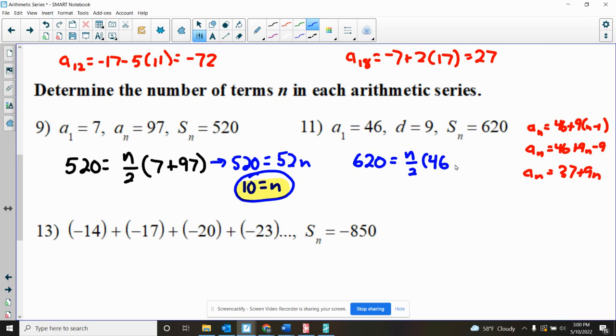So come over here now, plus 37 plus 9n. So this is going to get a little bit interesting. Let's see what we have. So the 620 I'm going to leave alone. In here, let's do 46 plus 37 for a total of 83.